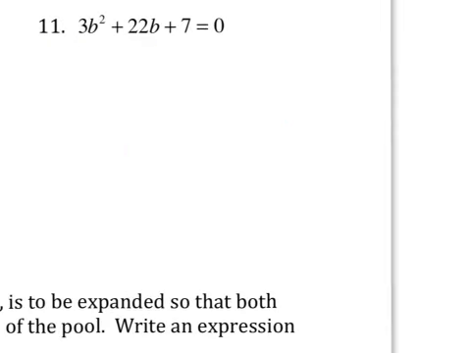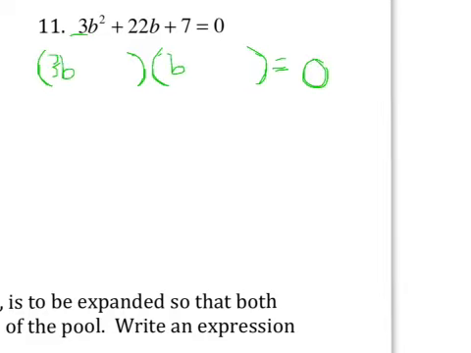For number 11, we also need to factor using the smiley face method since there is a coefficient in front of the b squared. So again, we want to make our parentheses, and we'll need a 3b and a regular b.